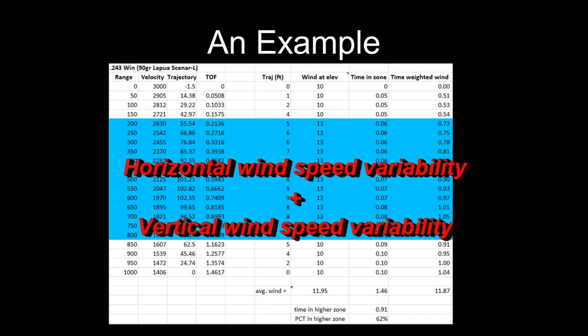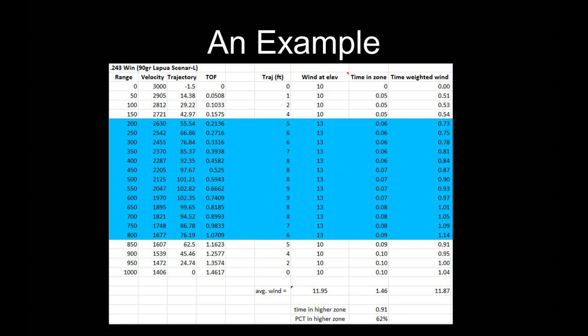Taking into account vertical wind speed variability suggests we should be compensating for a 12 mile per hour wind, as 91% of the time of that bullet's flight is spent in the higher wind speed zone. Now that's something interesting to think about the next time you're heading out to do some long range shooting.